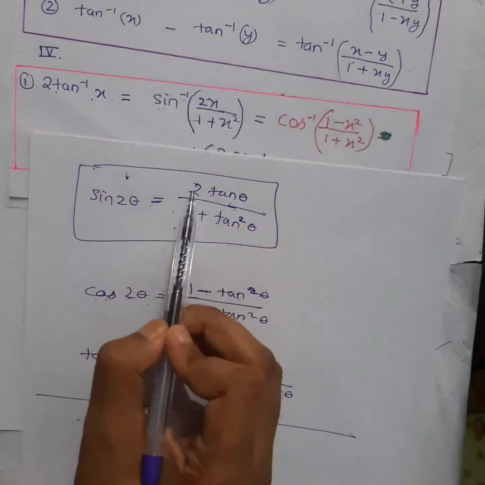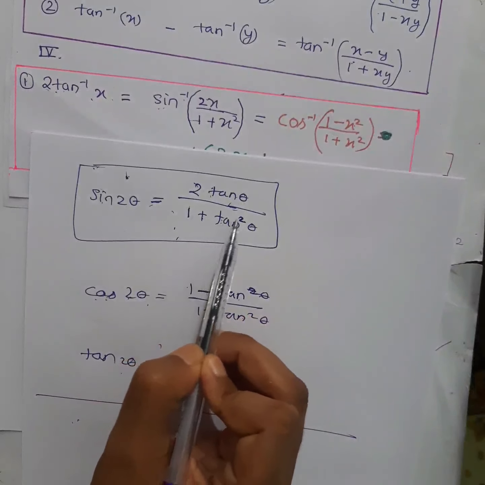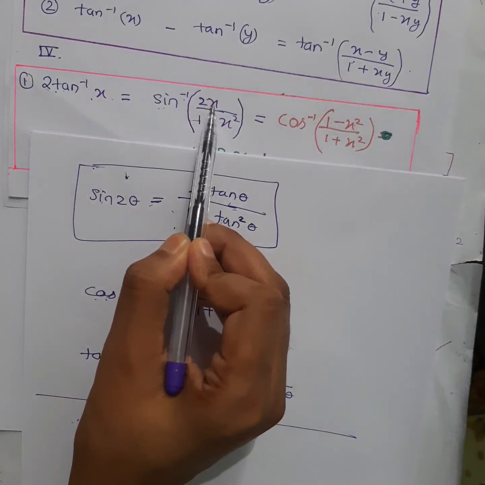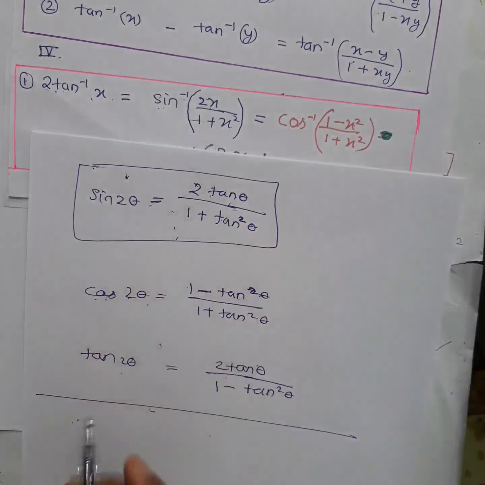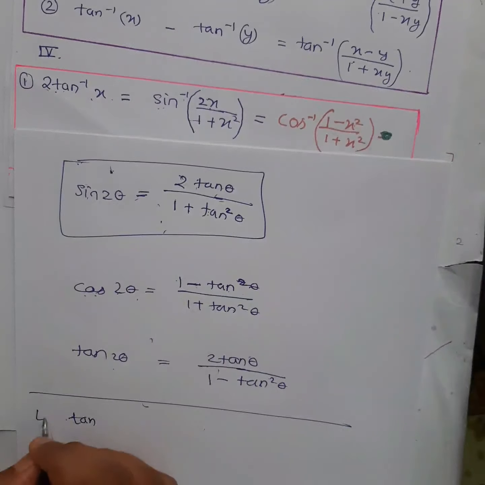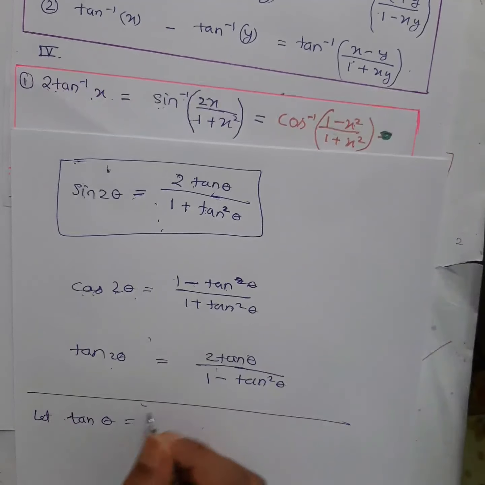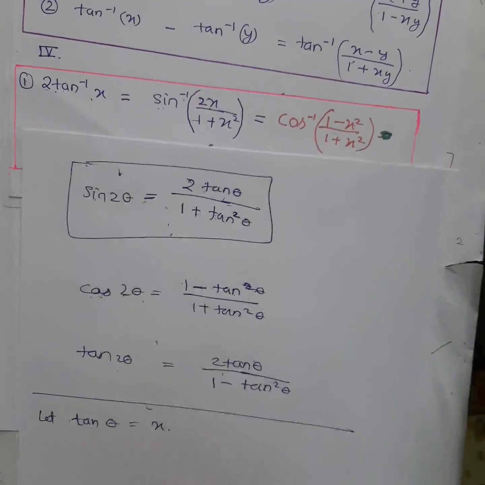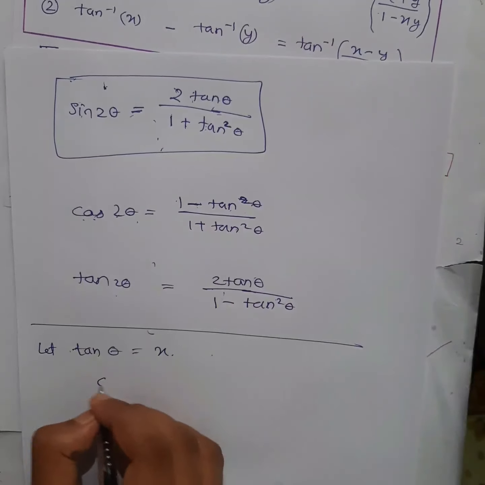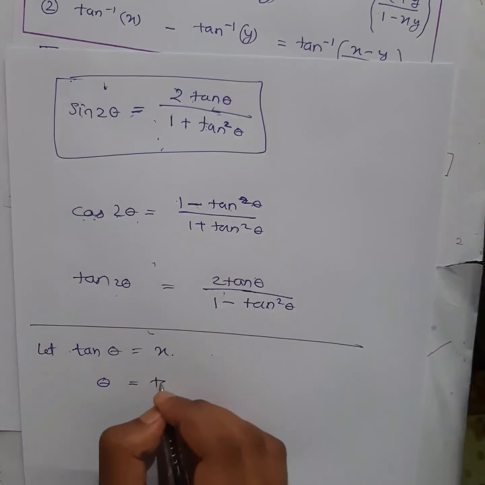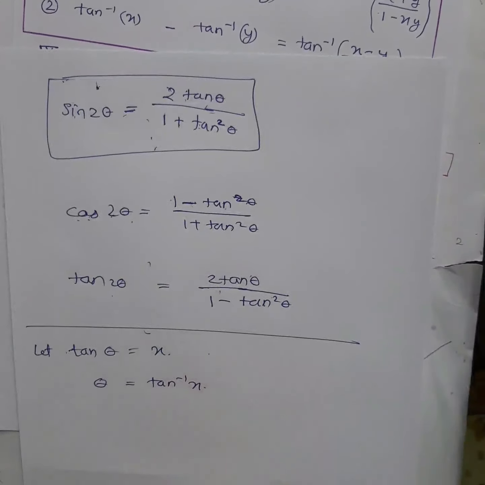Twice tan theta over 1 plus tan square theta. Let tan theta be equal to x. So theta is equal to tan inverse x.